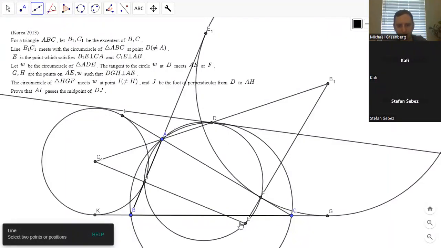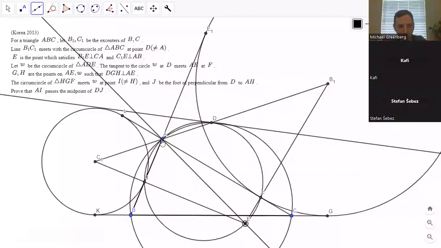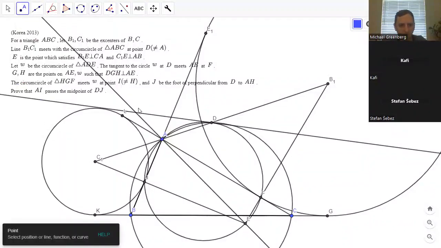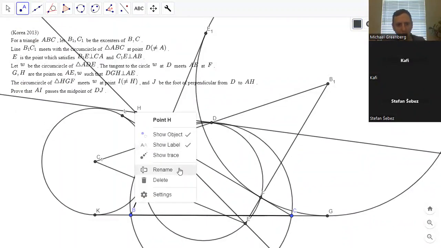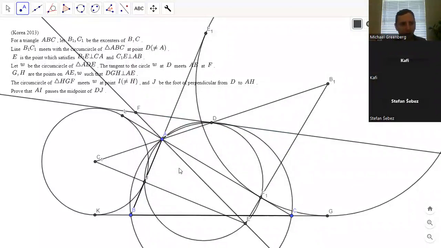This is very random. So this is F. And then G and H are on AE, so that DGH is perpendicular to AE.